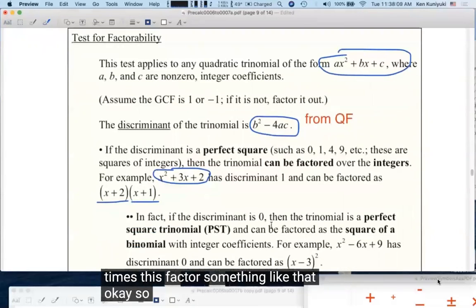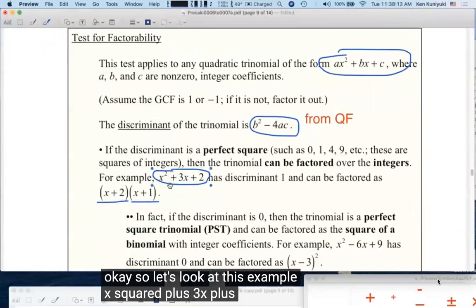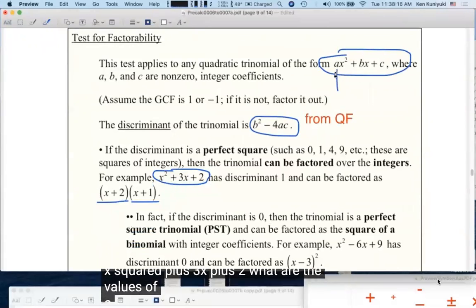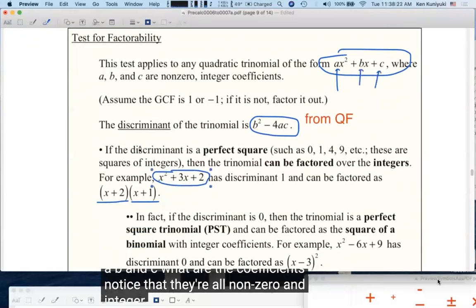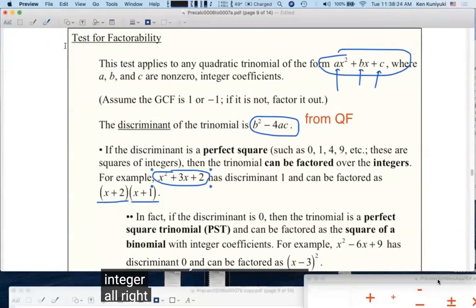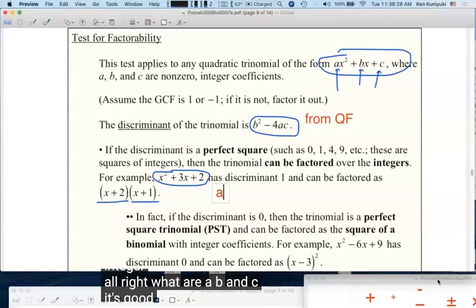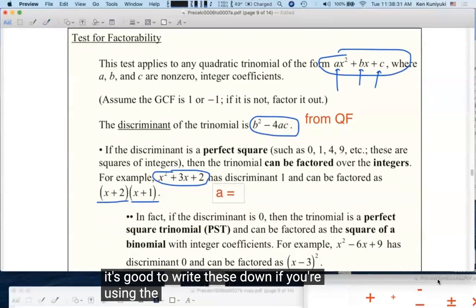Okay, so let's look at this example. x squared plus 3x plus 2. What are the values of a, b, and c? What are the coefficients? Notice that they're all non-zero and integer. It's good to write these down if you're using the QF, for example.